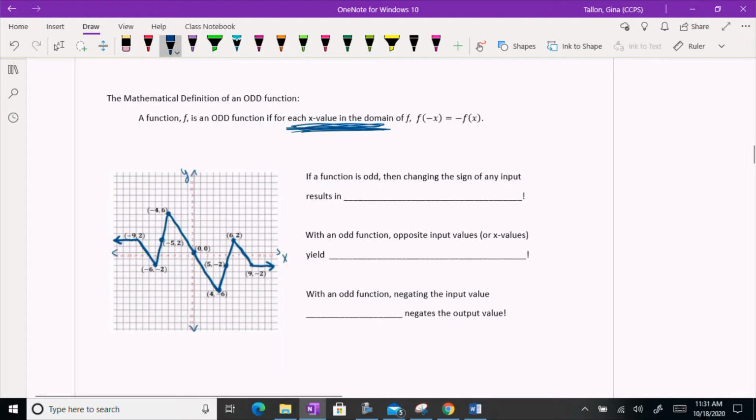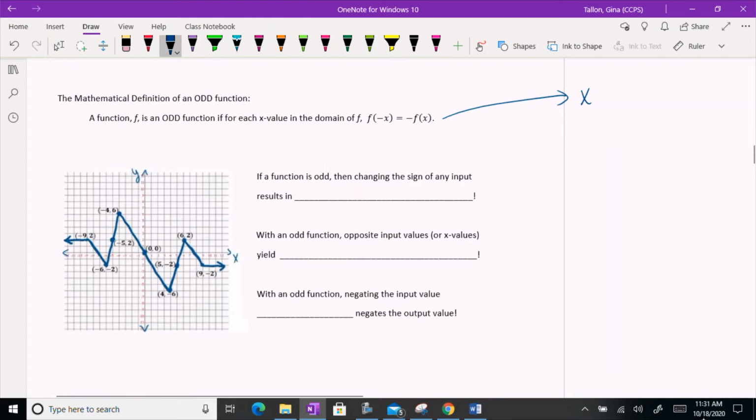Okay, let's take a peek at our picture and let's talk about this. I just want to give some examples. So let's go ahead and pick x equals, notice I took the odd function from the above example, or one of them. I think I'm going to pick this point right here, -4, 6. So x is -4.